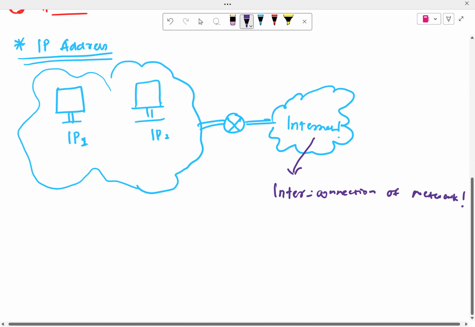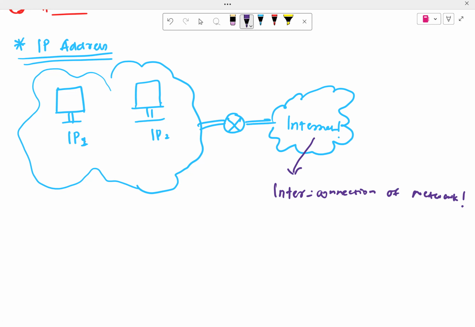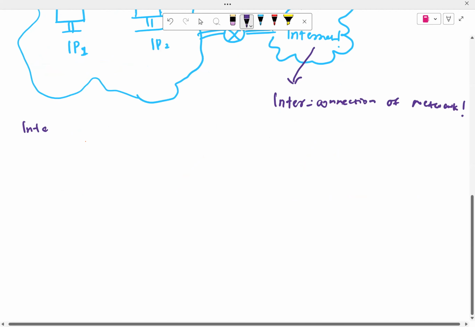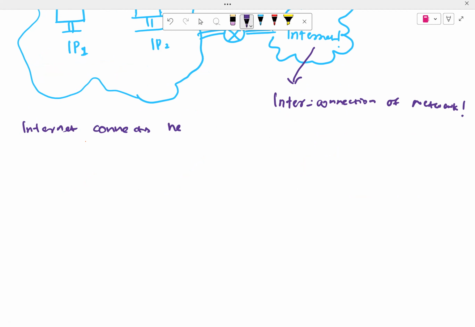So basically, when this IP address thing started, since the internet is connecting networks together, the internet connects networks, not hosts.